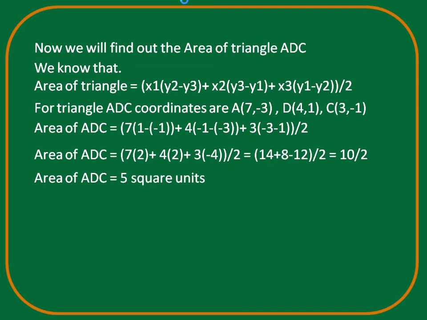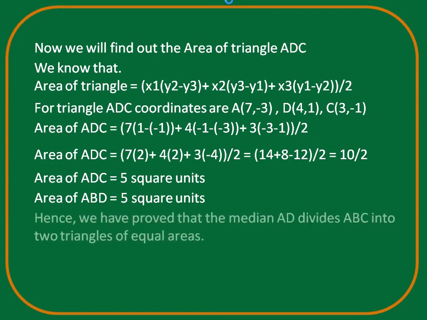Previously we found the area of ABD as 5 square units. So we have proved that the areas of ADC and ABD, the two triangles created by the median AD, are equal, each 5 square units. Hence we have proved that the median AD divides triangle ABC into two triangles of equal areas.